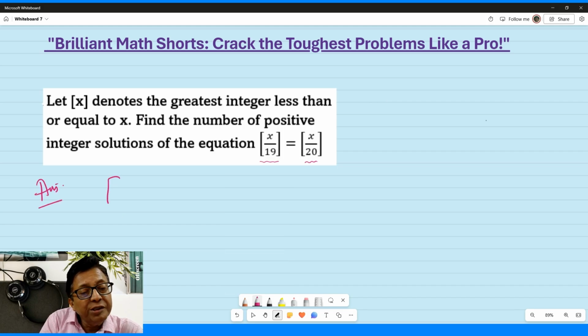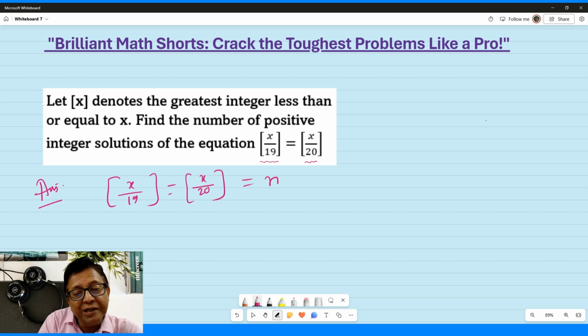So you assume floor of x by 19 equals floor of x by 20 equals n. This you have assumed, n is an integer, n belongs to the set of positive integers, because the question is to find the number of positive integral solutions.